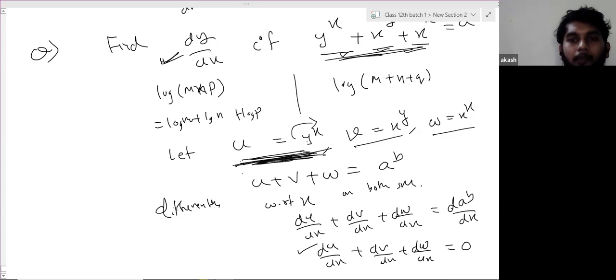Because this is variable to the power variable, again variable to the power variable. So you have to put log when differentiating this. But if you put log directly here, then there will be no benefit to you. First you have to substitute, then differentiate, then put the values. All right, Krishna? All right, then try to find the answer here.